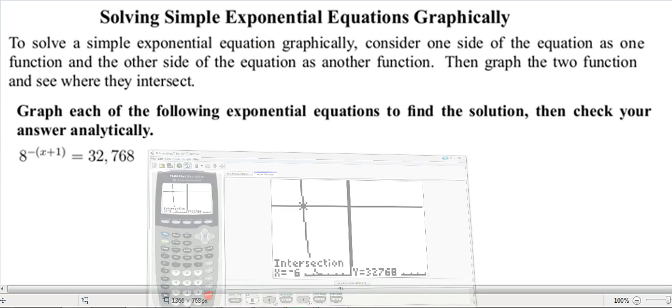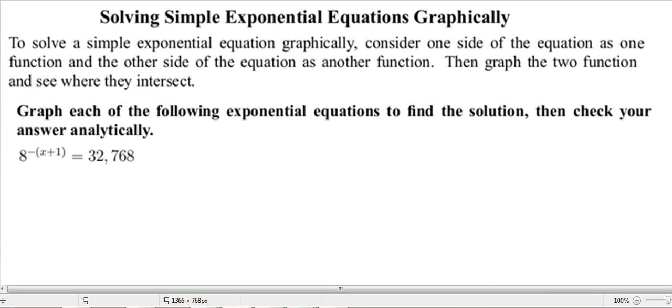So let's write our solution: x equals negative 6. We're going to plug in negative 6 right here.